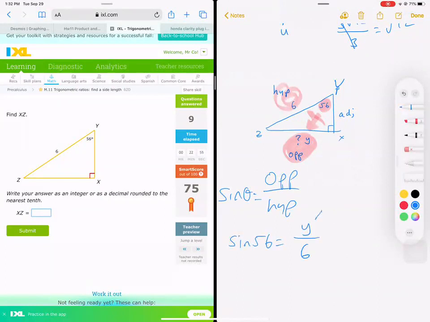To solve for y, it is on top already, so I just need to multiply by 6, because the opposite of divide by 6 is multiply by 6. Multiply by 6 to both sides. y is equal to 6 sine of 56.